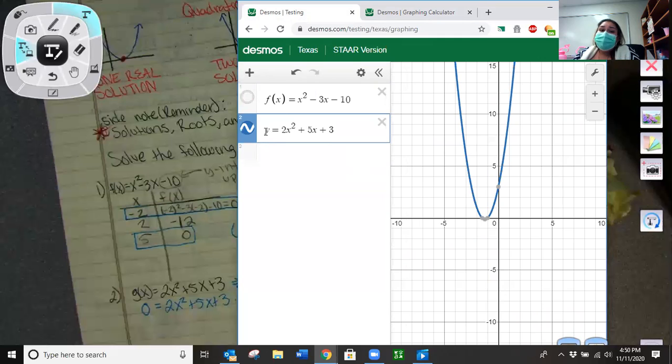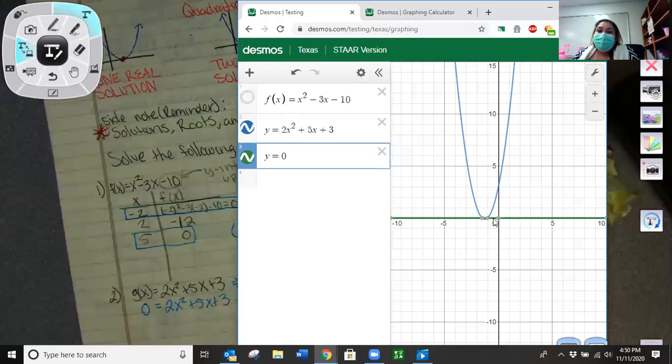Okay, anyway, so you're gonna notice that you can't do 0 there, right? Because it doesn't work in the Texas STAAR version. And the reason why is because it wants an actual function put in here. But if you know that your y has to equal 0, do you see how this green line is your x-axis?